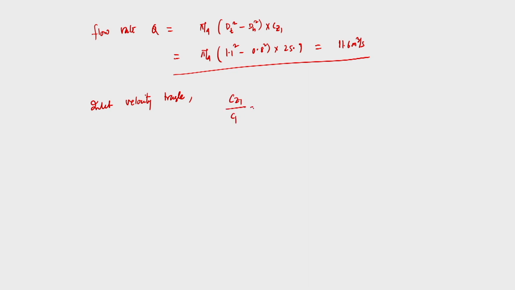Cz1 by C1 is equal to sin 60. If we go back to the inlet velocity triangle, this is C1, this is U1, this is W1, this angle is alpha 1, this is beta 1, and this is Cz1.